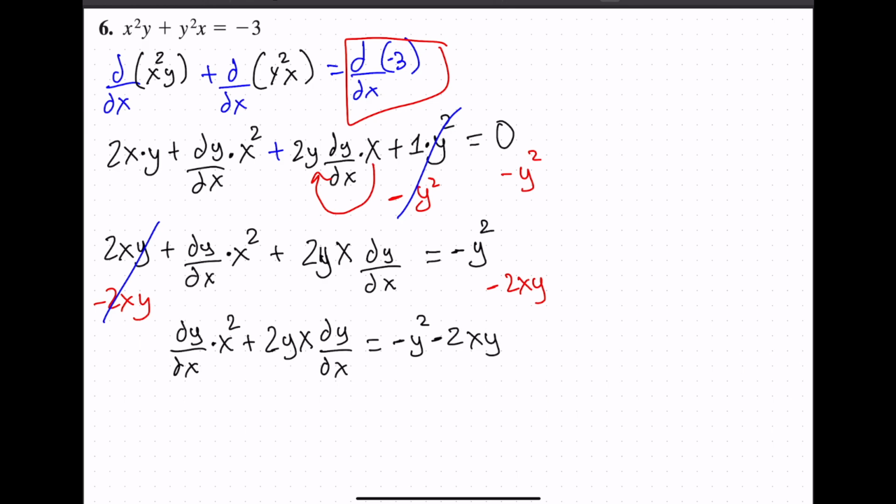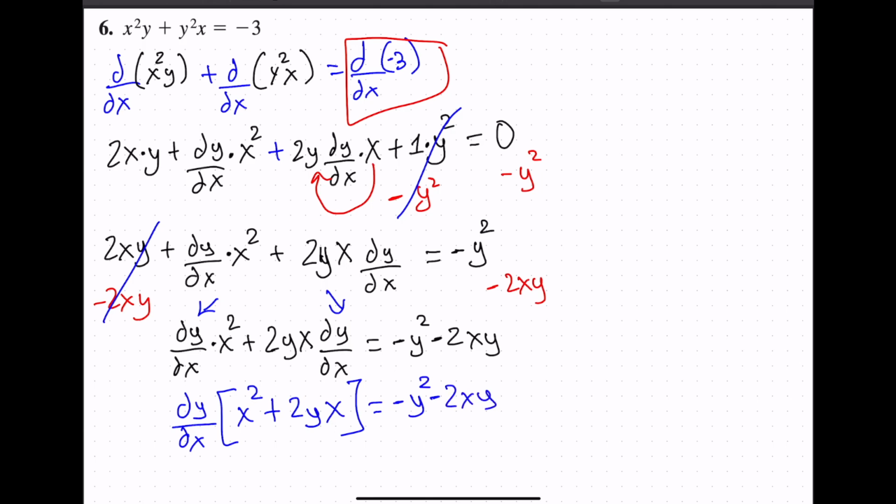I'm ready to move on and factor out a dy/dx. They both have a common term, so I'm going to pull out dy/dx, and this is times x squared plus 2yx, and that's equal to -y squared minus 2xy.